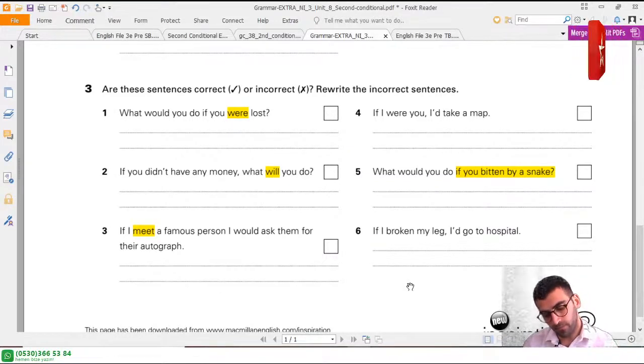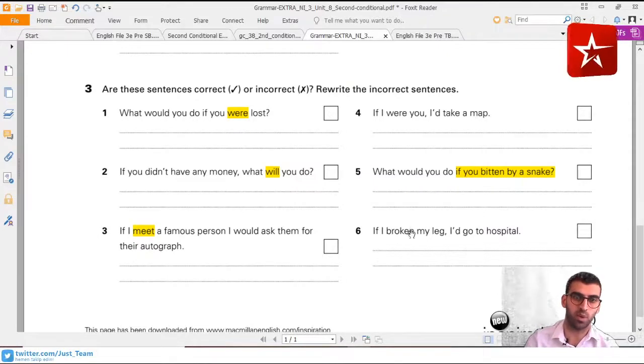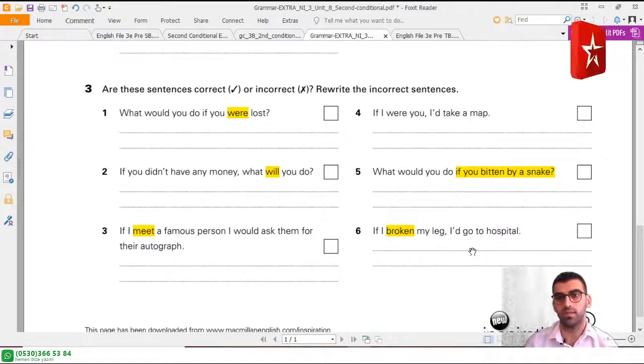Incorrect, they say broke, we must use here. Yes, if I broke my leg, broken is false. If I broke my leg, I would go to hospital.